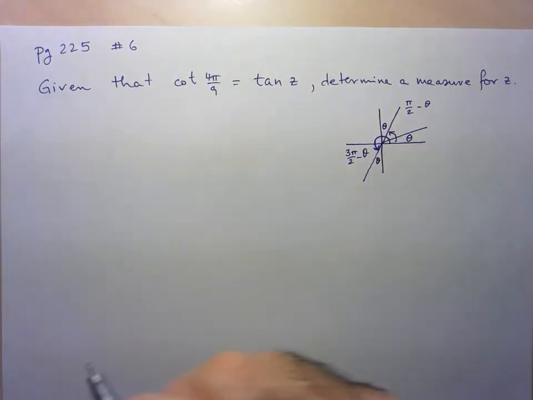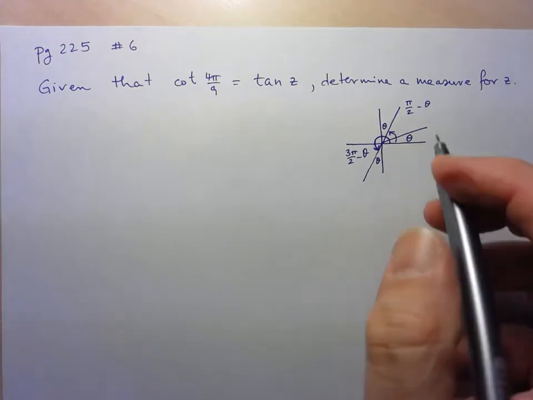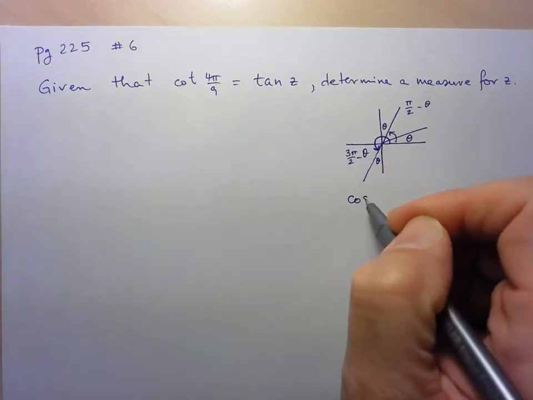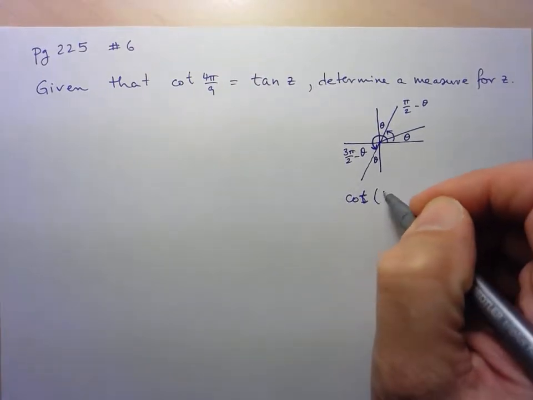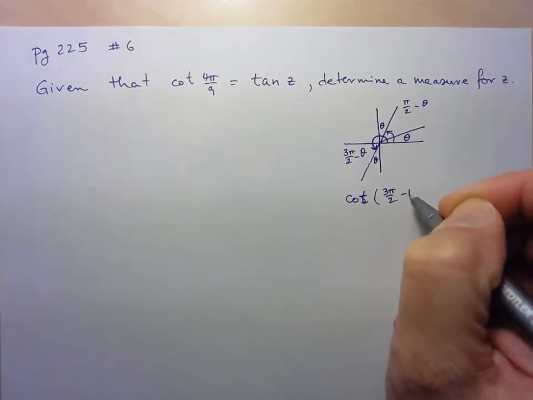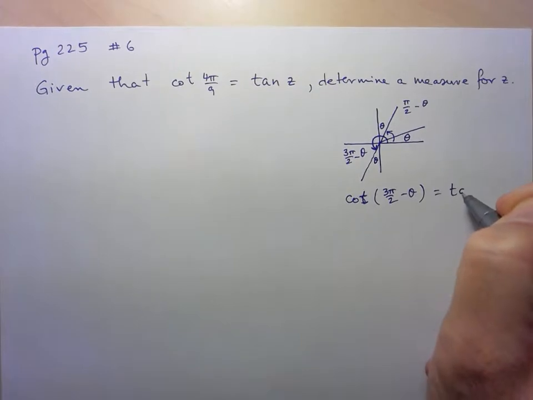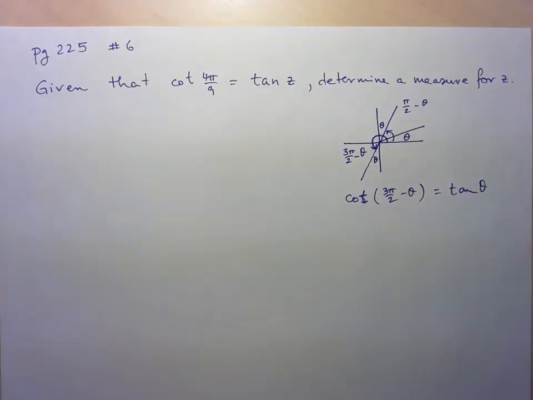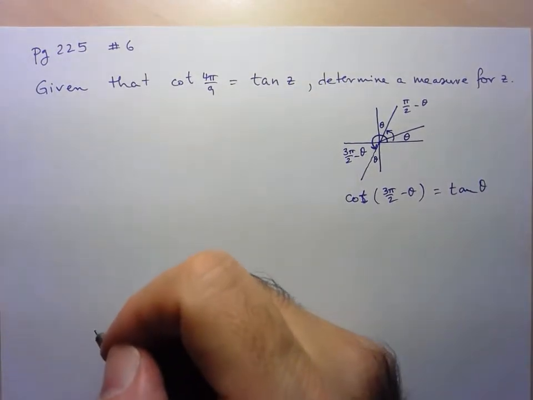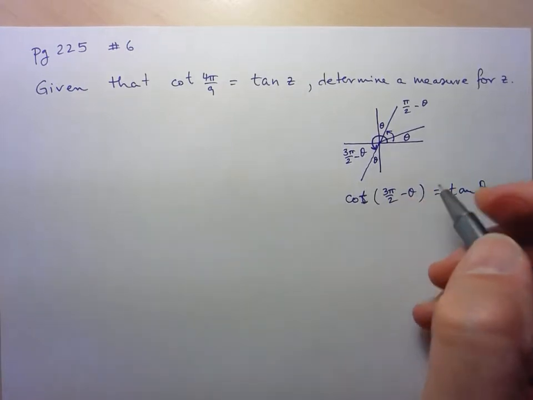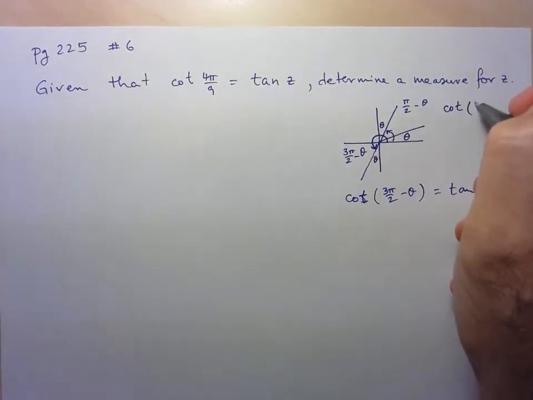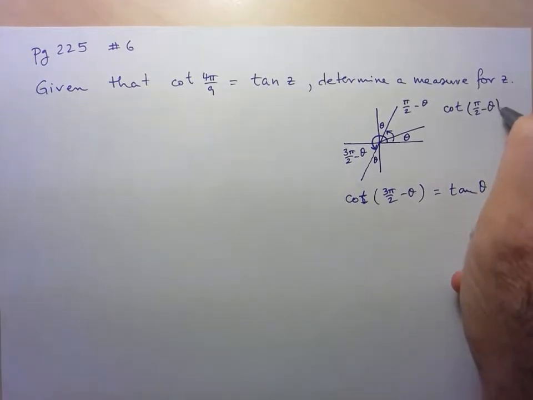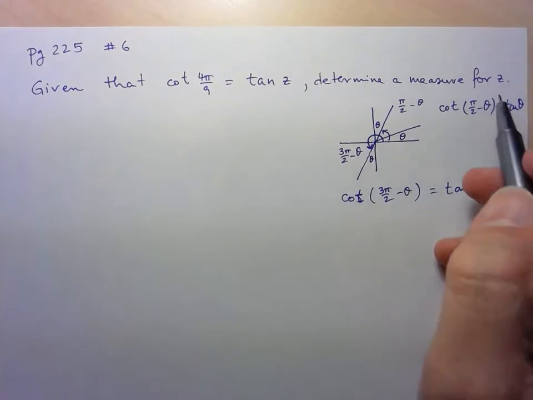Let's recall what our identities say, telling us that cotangent of 3 pi over 2 minus theta has to be equal to tan of theta. This will be the second one we'll use. The first one we'll use will be that cotangent of pi over 2 minus theta is also equal to tan theta. So let's start with this one here.